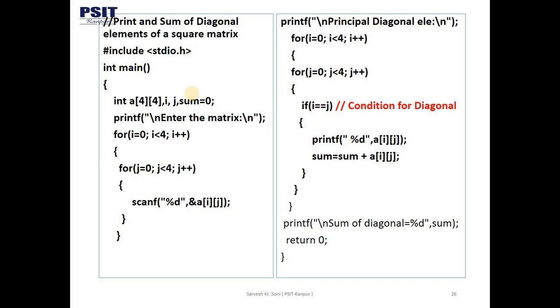Finally I will get the diagonal elements printed on screen, and I will get the sum of those elements as well, and after that print the diagonal element sum, right? So this is the simple idea to get the diagonal elements. Basically in this program I have discussed getting the principal diagonal elements. The other is the non-principal diagonal, which I have not discussed in this video.